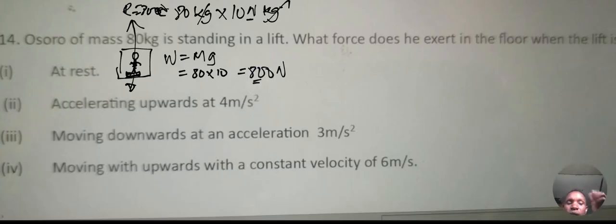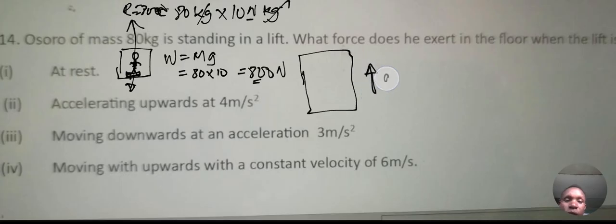So what we see as the weight of this gentleman registered on the scale is actually the reaction of the floor on his feet.